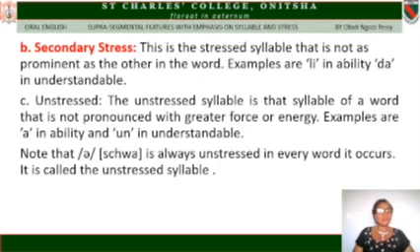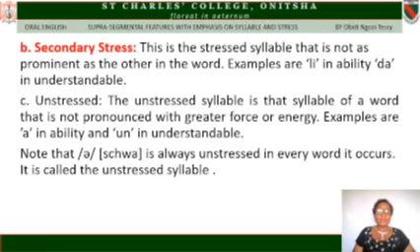C, unstressed. There are sounds that are not stressed in a word. There are syllables that are not stressed, which means they are not pronounced with extra force. They are not pronounced with extra energy. The unstressed syllable is that syllable of a word that is not pronounced with greater force or energy. Examples are A in ability.